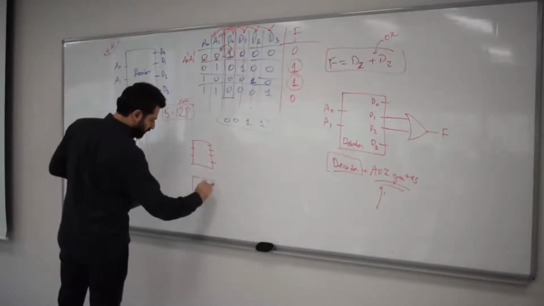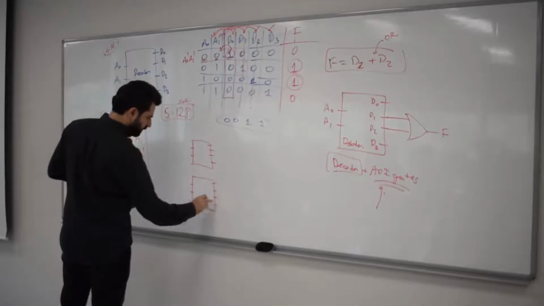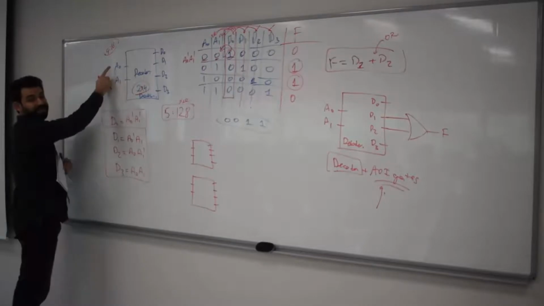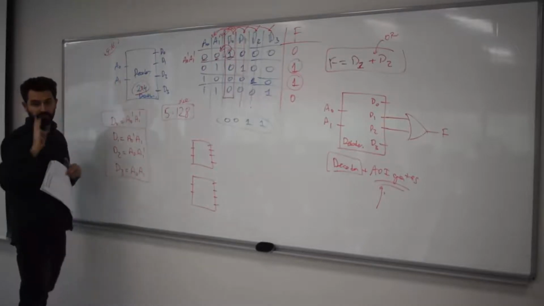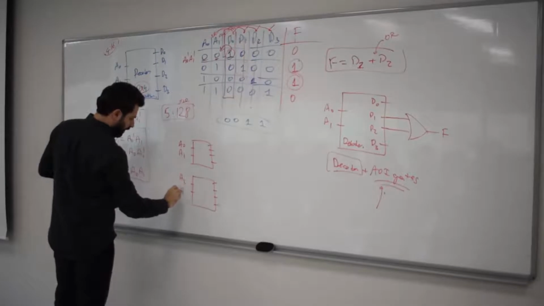This is your first decoder, and this is your second decoder, and you want a 4x16. So you need four inputs: A0, A1, A2, and A3.